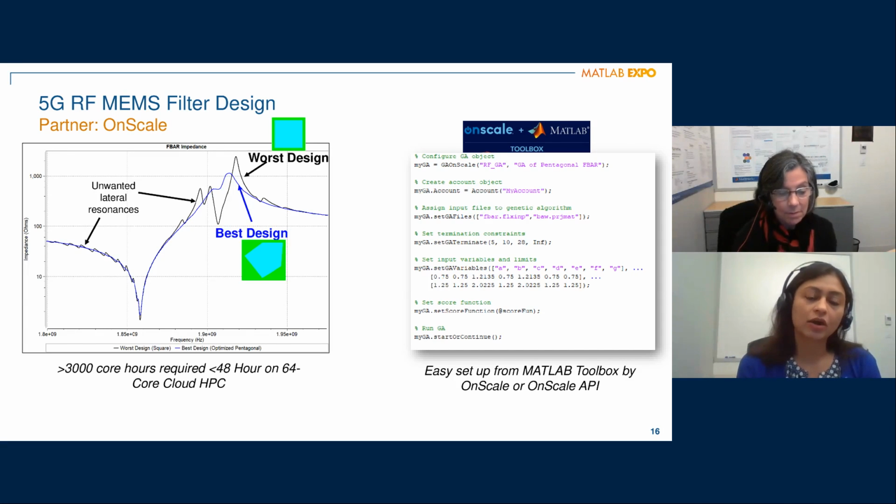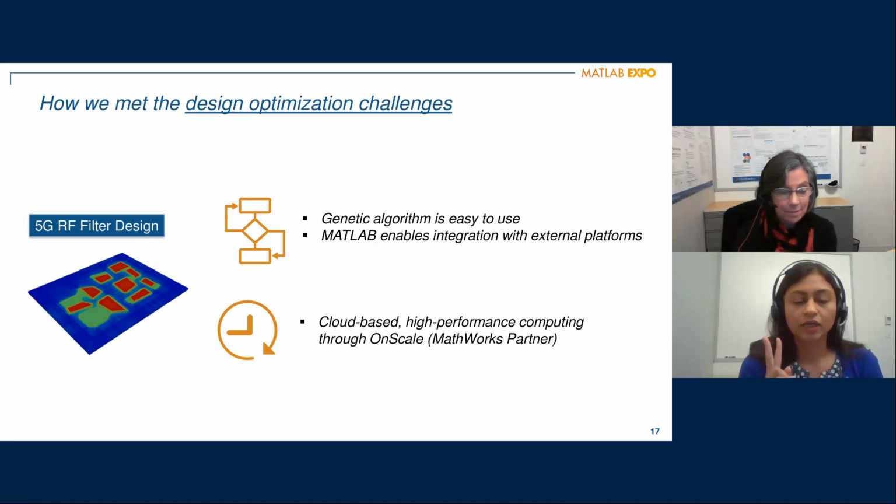And last year, they also released a MATLAB toolbox, which made it even easier for users to set up the optimization problem and run these simulations directly from MATLAB. Now here we address two types of challenges. One is we use genetic algorithm, which makes it very easy to understand. It's easy to use, easy to formulate.